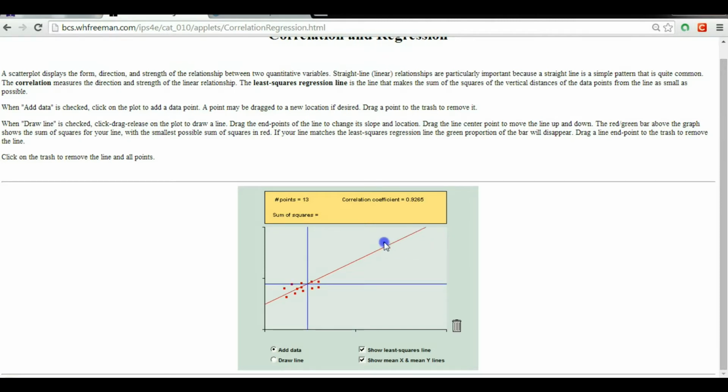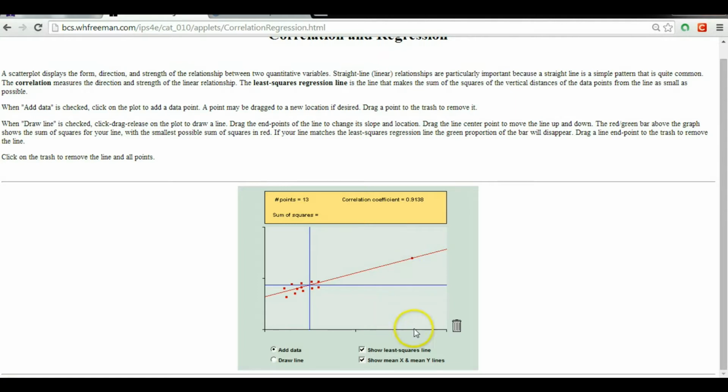I could have influential the other way. If I put the point way up there like that. Okay, that's also a point that significantly changed the equation of the line. Okay, so did you see what the high leverage point did to the correlation? It increased it, right? It brought it closer to 1. And that's pretty easy to understand.